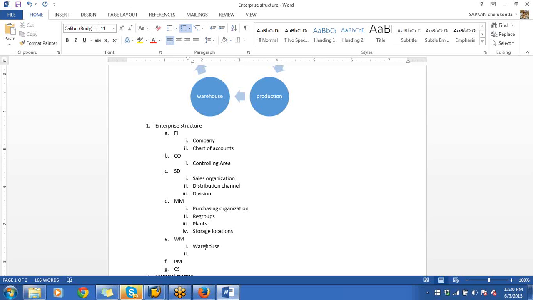That warehouse may be in the same village or may not be in the same village, may be in the same campus or may not. Is that the only difference between warehouse and storage location? No, that's not everything. It's even more than that. A warehouse will have storage types.